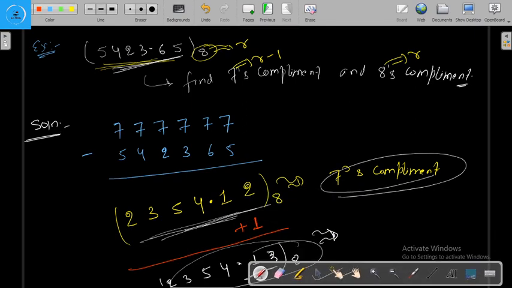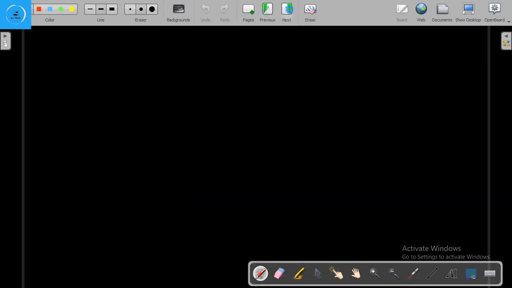Earlier we saw integer digits, and in this example we have seen decimal digits also. The procedure is the same for both the integer digits as well as the decimal digits. After that we are going to see how we perform addition and subtraction by using the r minus 1's complement as well as the r's complement.